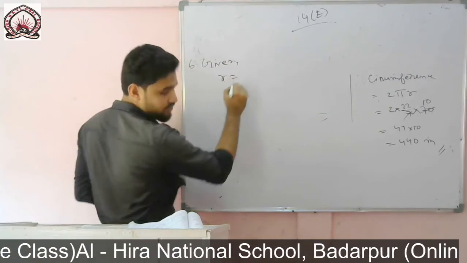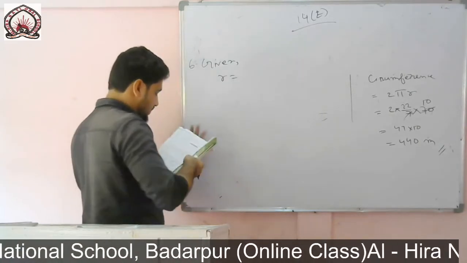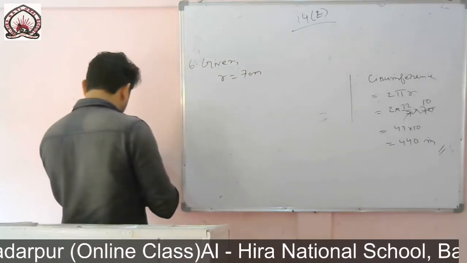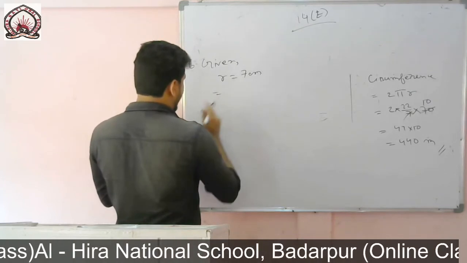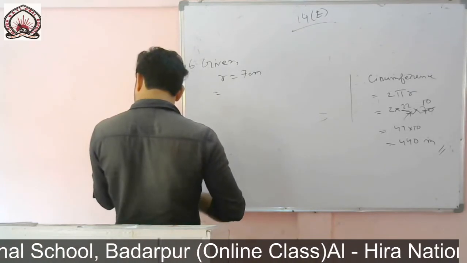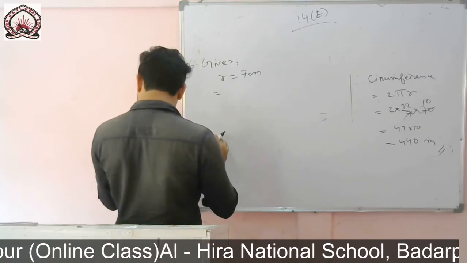Given radius equals 7 centimeter. Find the area of the quadrant if the radius is 7 centimeter.